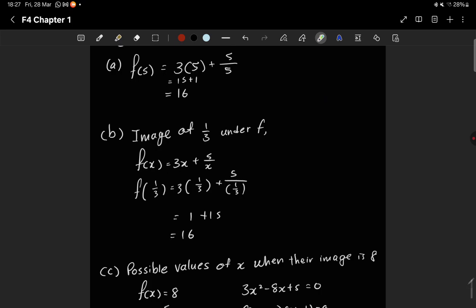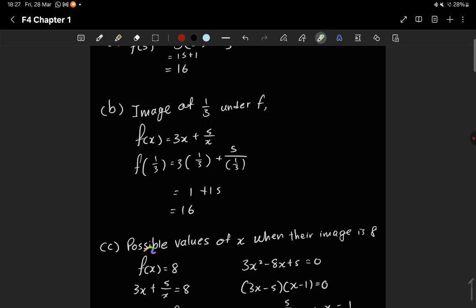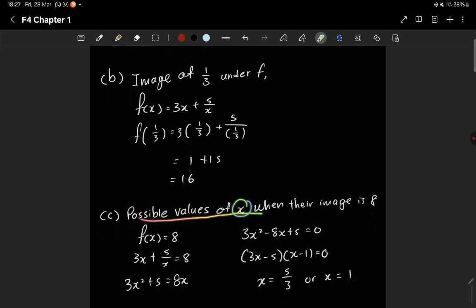Alright, so besides, there are many types of questions you could get in your exam, and not many questions are going to be very straightforward like this, like giving you the object and finding the image. There are instances where they could give you the image and they'll tell you to find the possible objects or the x values.